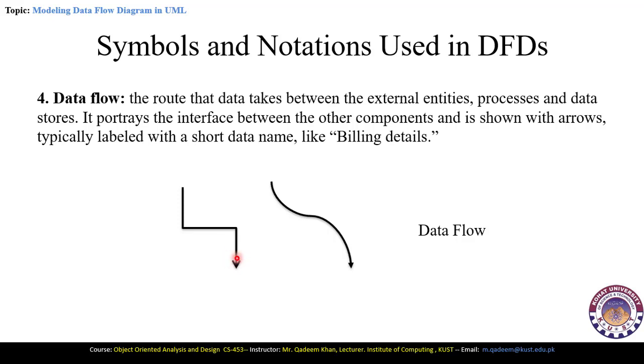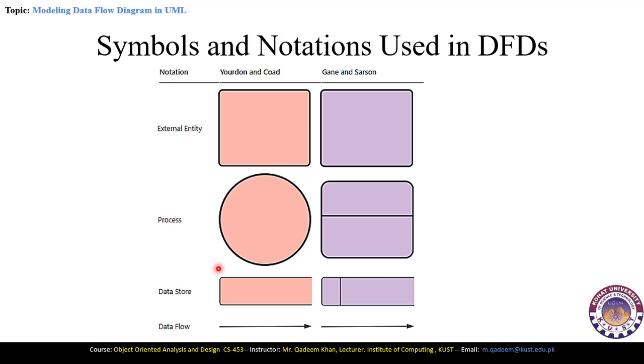The arrow line represents the directionality of the data flow, and here we define certain labels with short data names like billing details, meaning that the billing data is coming from the data stores or from one process to another data store or a process here.